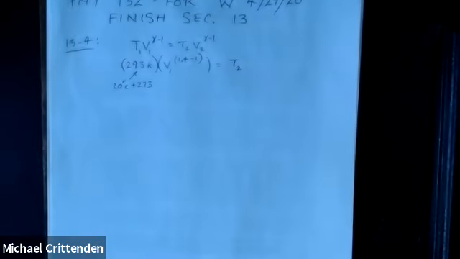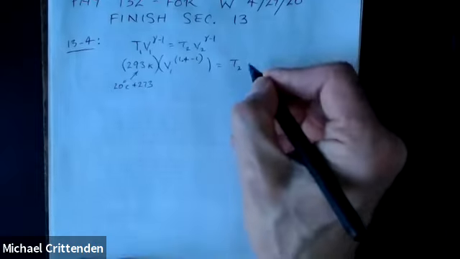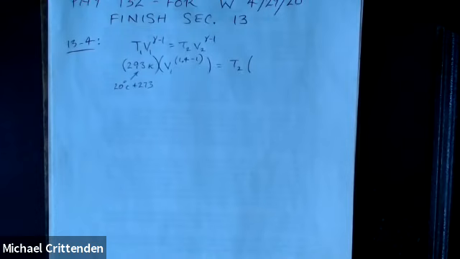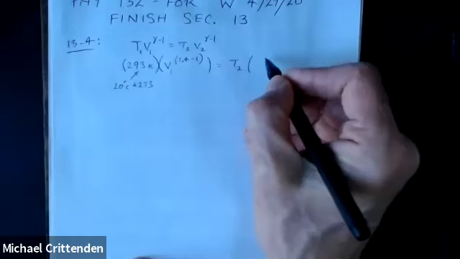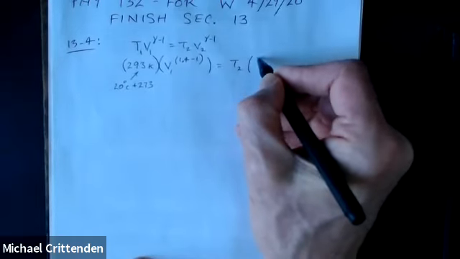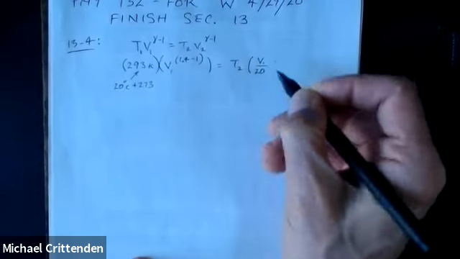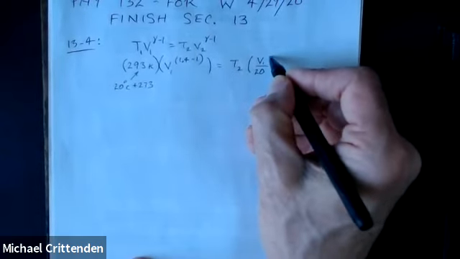T2 is the unknown we're looking for. Now, as I said, we don't actually know the initial and final volume, but we're told that this engine has a 20-to-1 compression ratio. So that means that V2 is equal to 1/20th of V1.